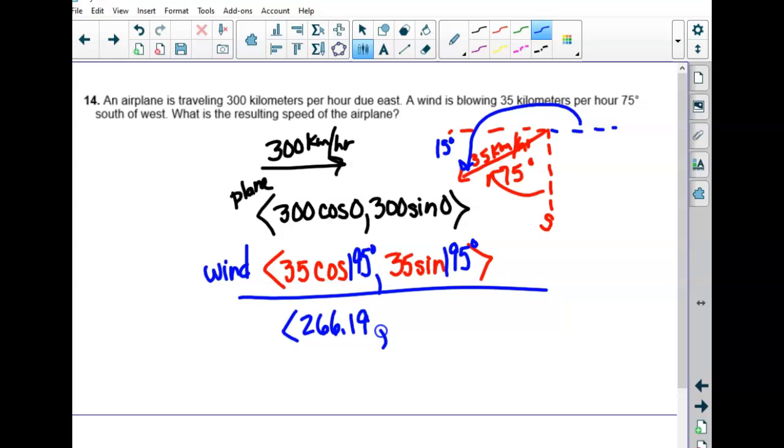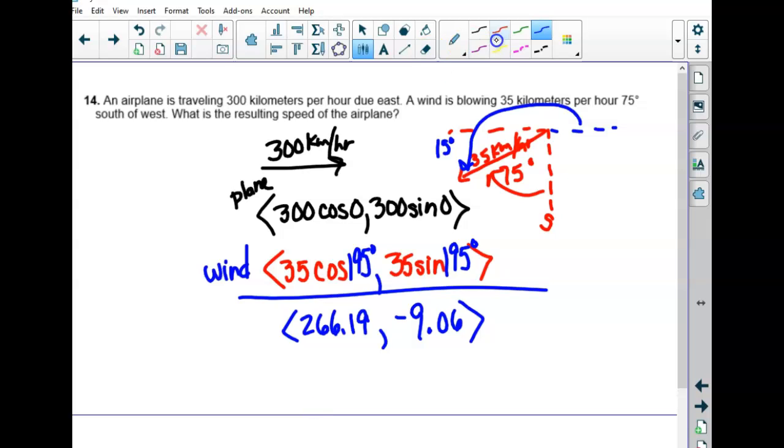266.19? Okay. And then 300 sine of 0, close parenthesis, plus 35 sine of 195. I got negative 9.06. All right. Does it answer the resulting speed of the plane?